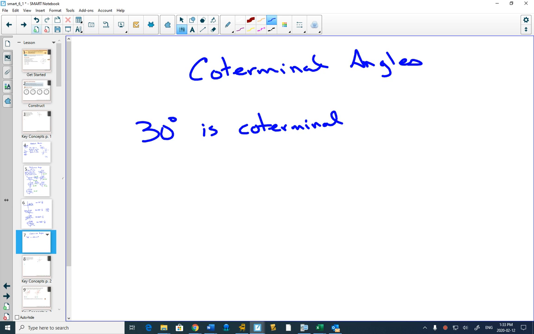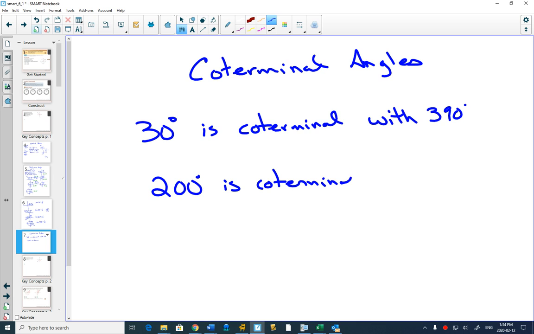Do you like having to try and figure things out, or are you just like, just tell me the definition already? It's like, okay. 30 degrees is coterminal with 390 degrees. 200 degrees is coterminal with -160 degrees.